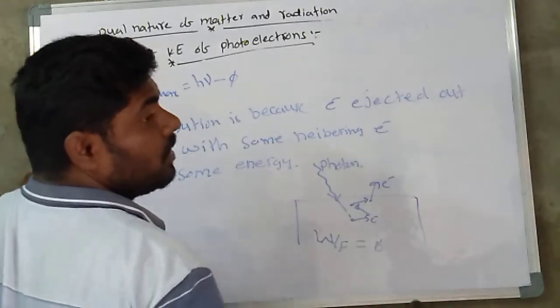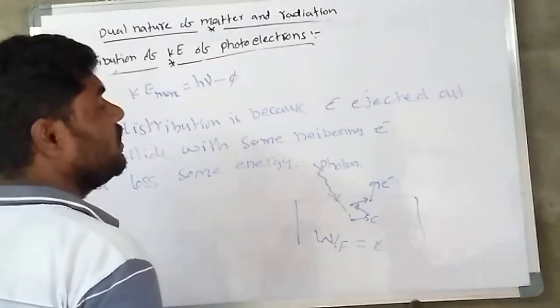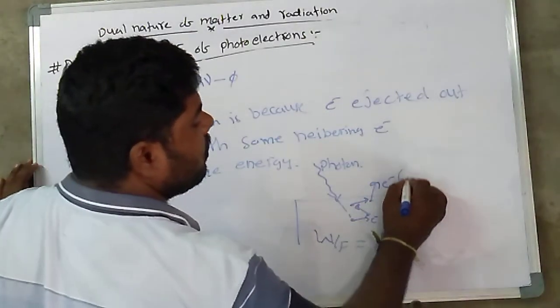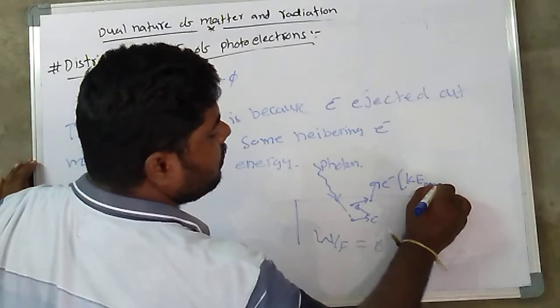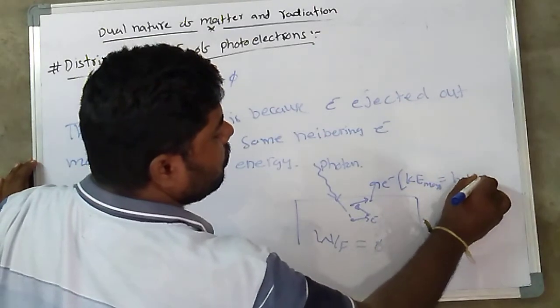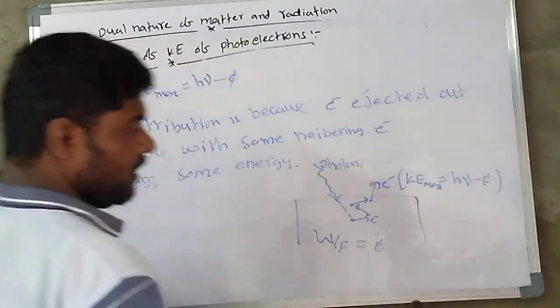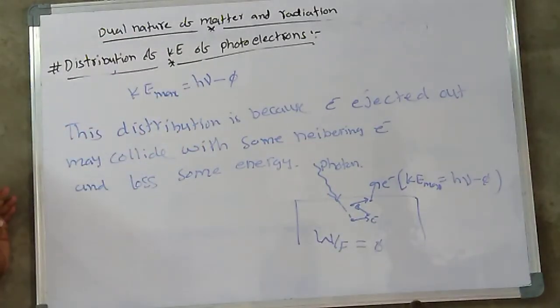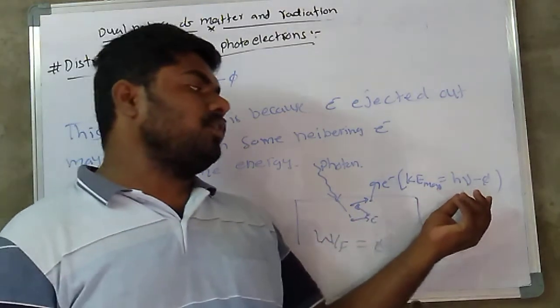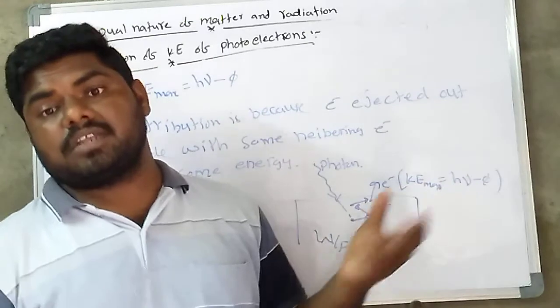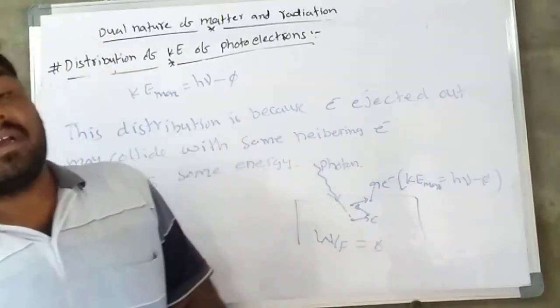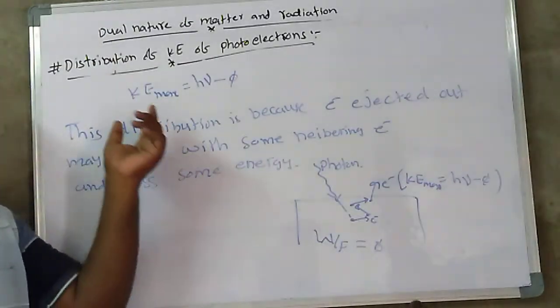This electron's energy is the maximum energy: kinetic energy maximum is equal to h mu minus phi. It means some part is absorbed and some part is ejected, so some energy loss is there.